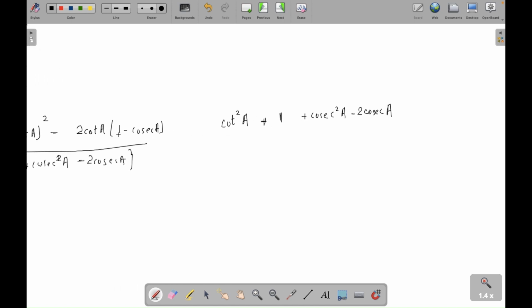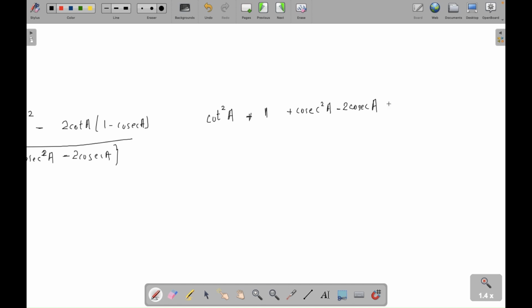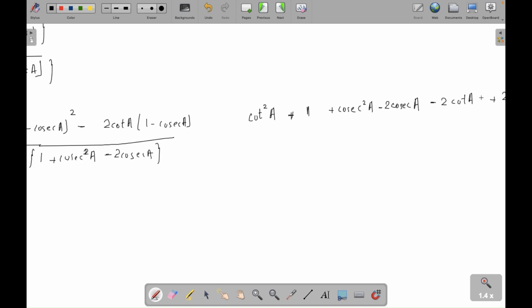So, and then we get minus 2 cot A and then plus 2 cot A with cosec A. Right? So this is what we'll get.